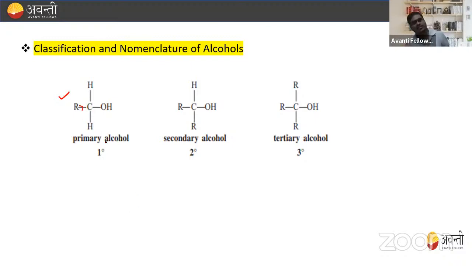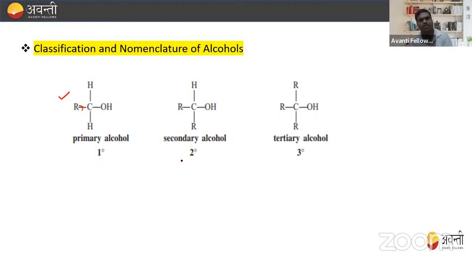Only those carbons connected to the functional group count, not other carbons. This is the alpha carbon, and this R group is attached to this carbon.